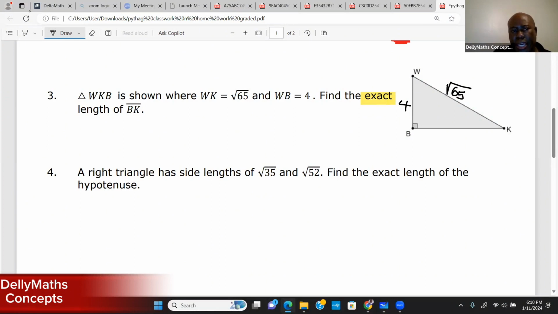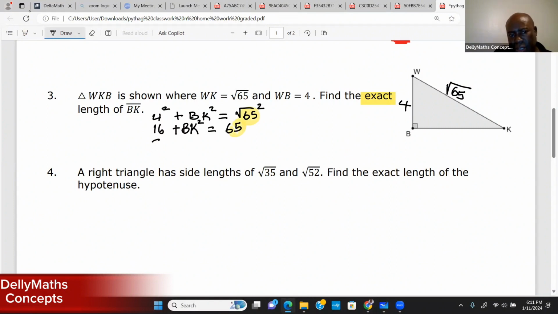So we could set up an equation. For example, 4 squared plus BK squared is equal to the root of 65 squared. Now let's simplify this. 4 fours, that's 16, plus BK squared is equal to 65.